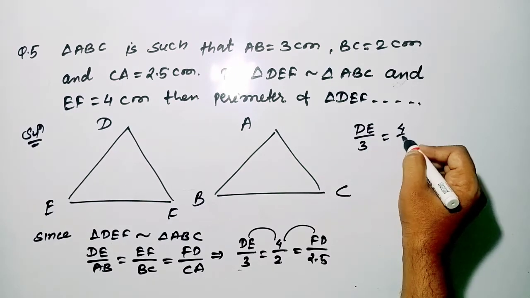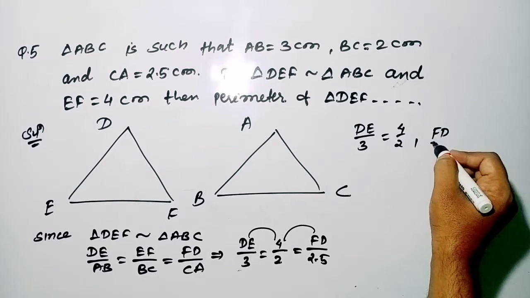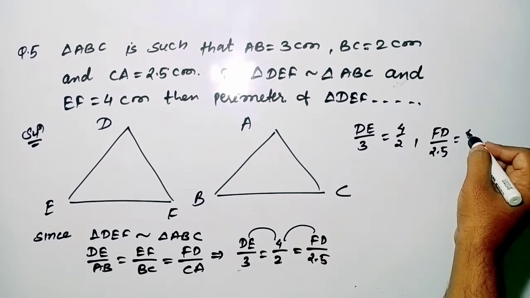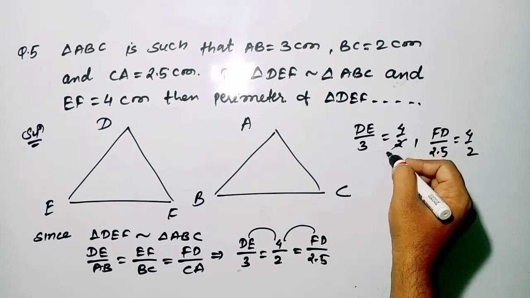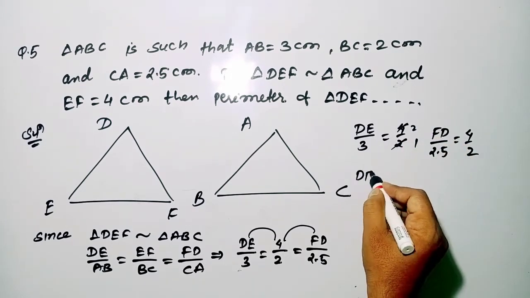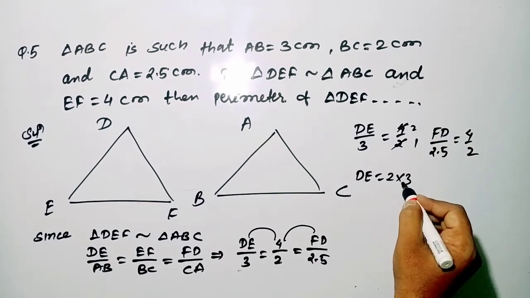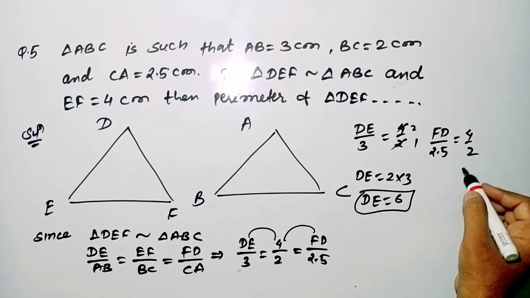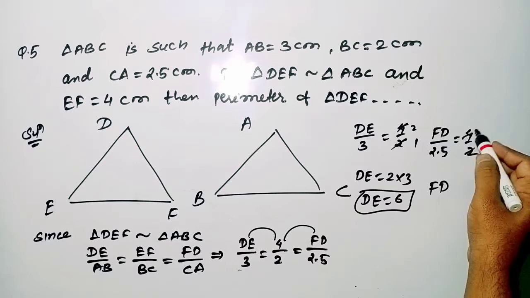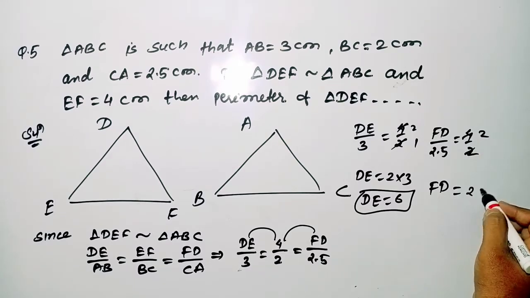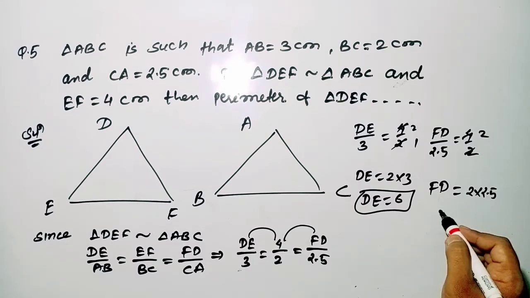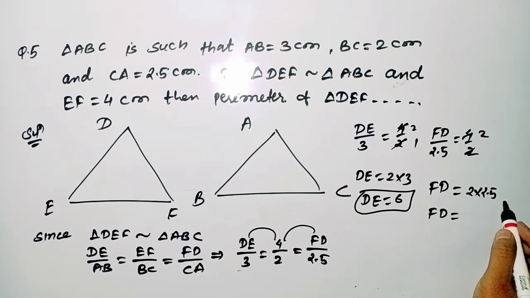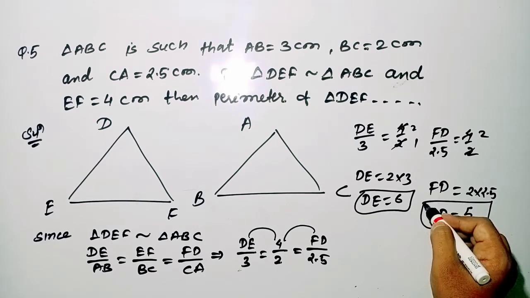So by simplifying over here, we are getting DE is equal to 2 into 3 is equal to 6, and FD is equal to 2.5 into 2. So FD is equal to 5.